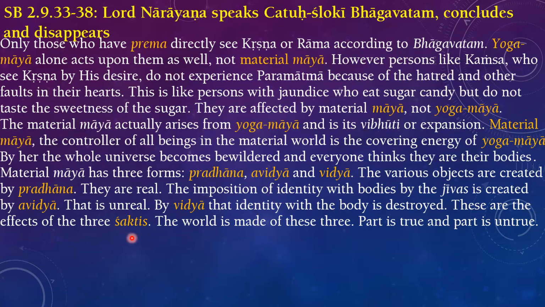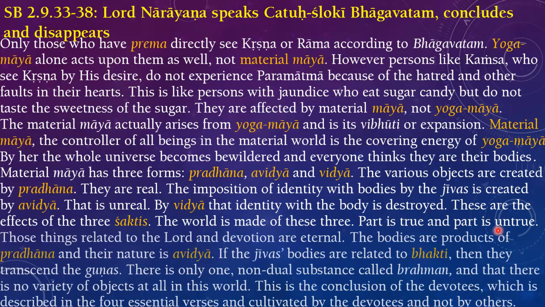These are the effects of the three Shaktis. The world is made up of these three. Part is true and part is untrue. Those things related to the Lord and devotion are eternal. The bodies are products of pradhana and their nature is avidya. If the jiva's bodies are related to bhakti, then they transcend the gunas. There is only one non-dual substance called Brahman, and there is no variety of objects at all in this world.